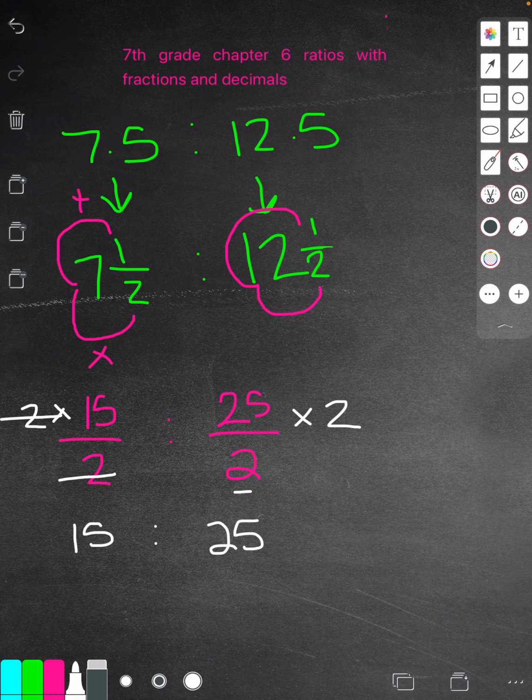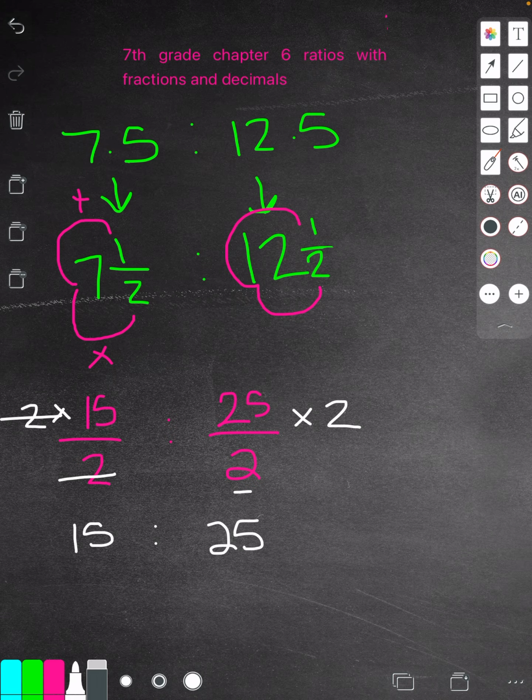I want you to listen to that. You have to have a common denominator to make this work. So if you have not found common denominators, meaning they have the same exact denominator for both fractions, then we cannot do this. We had a 2 on the bottom of both of them, so we were able to multiply by 2 on both sides.